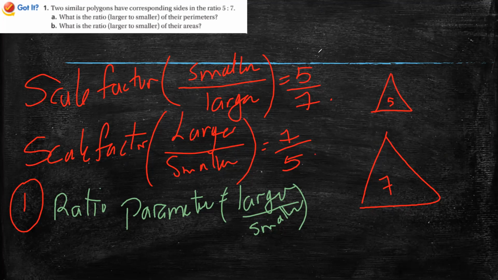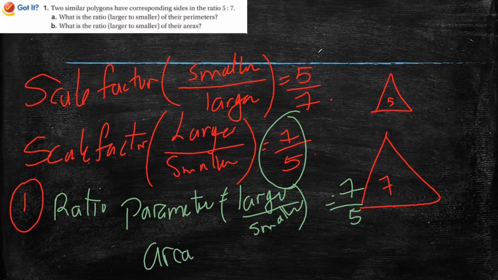So the ratio of perimeters here is larger to smaller. What does it mean? That means 7 over 5, which is the same as the scale factor. The perimeter ratio is A over B, like the scale factor. Now, if I'm asking you about the area, and since all of us know that the unit of area is squared, I have to say B over A squared.